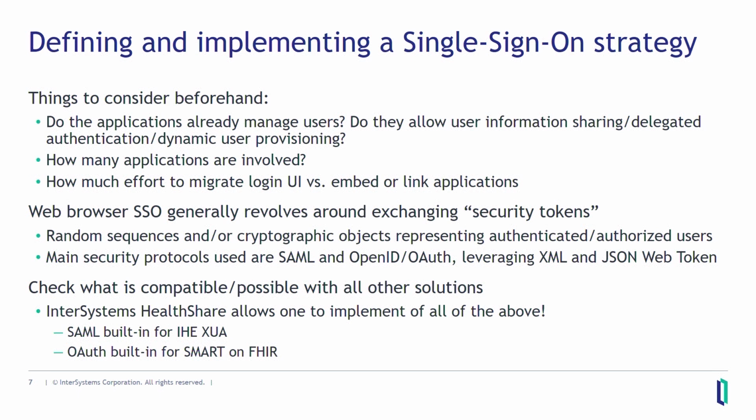SAML is already built in some part of information exchange for the purpose of the IHE profile XUA. So you have some standard templates and code that you can rely on. And OAuth, on the other hand, is already used and implemented for the SMART on FHIR apps.